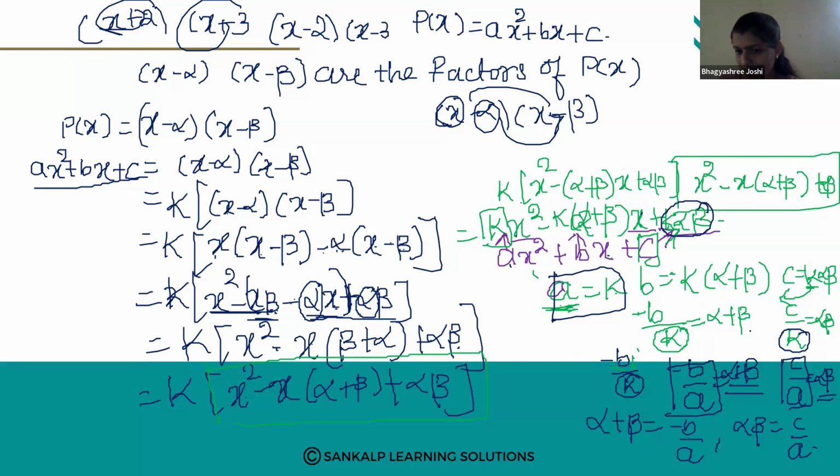So we got two relations: alpha plus beta is equal to minus b divided by a, and alpha into beta is equal to c divided by a. Is that clear? Okay. Now let us solve problems, then it will be fully clear to you.